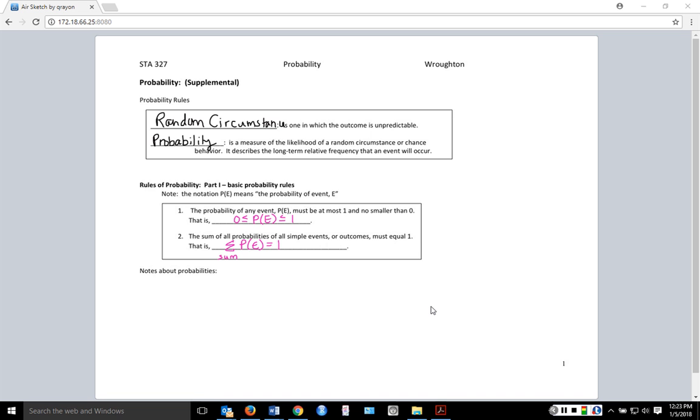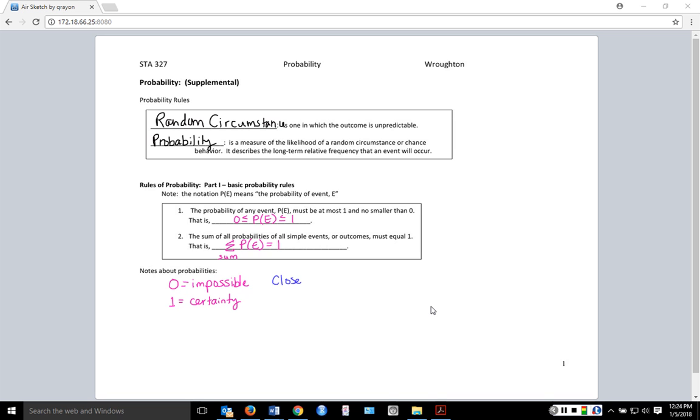Since we're working with numbers between 0 and 1, understanding what those extremes mean is important. If I actually get a probability of 0, this would technically mean that it is an impossible thing to happen. That'd be, for example, if I flip a coin and get a goat. That can't happen at all. If I were to get a probability of 1, this is what's called a certainty, that it's going to happen. Now again, very seldom do we actually have those extremes, but we talk about the extremes to understand what it means to be close to them.